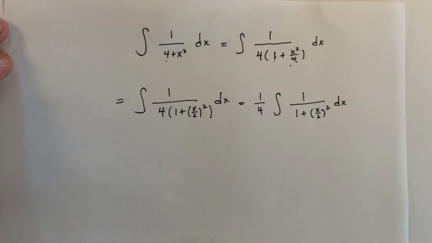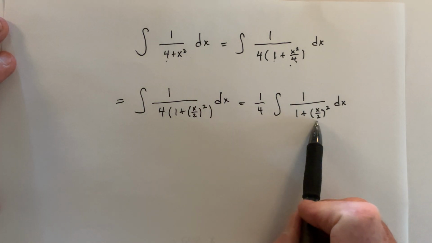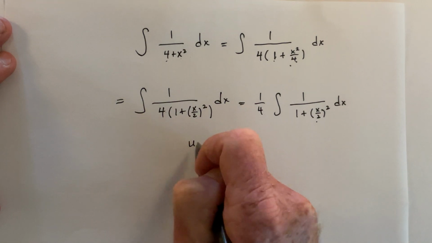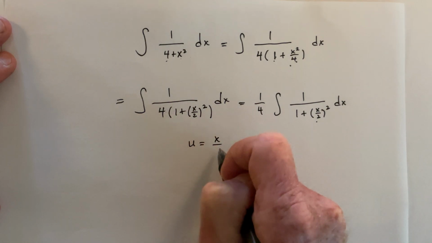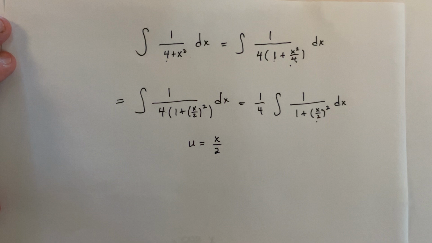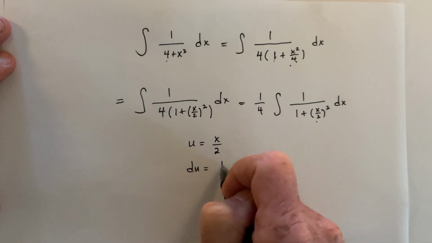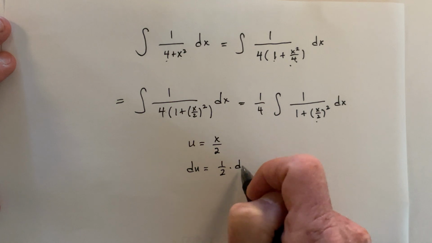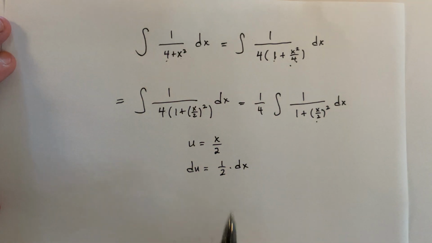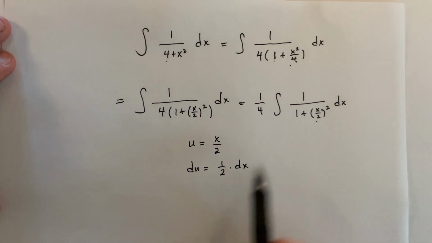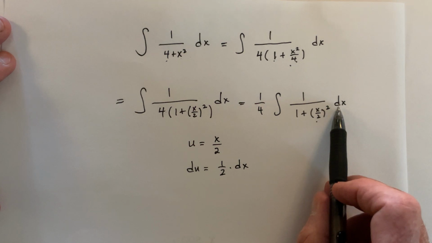There is one small detail, and that is if you do u substitution on this, which I'll go ahead and do. So let the u be what's inside the parentheses, and you take the derivative of that. You would get this extra factor of 1/2, and there is no 1/2 times dx.